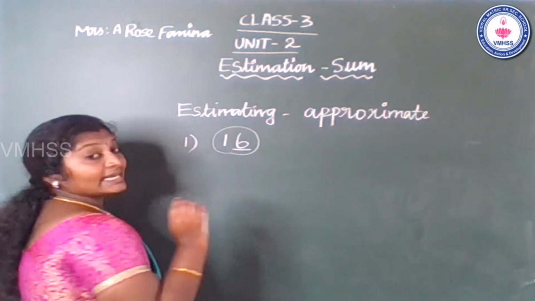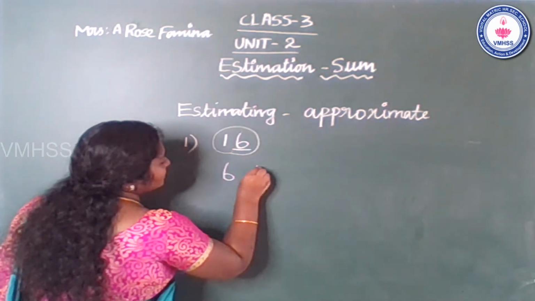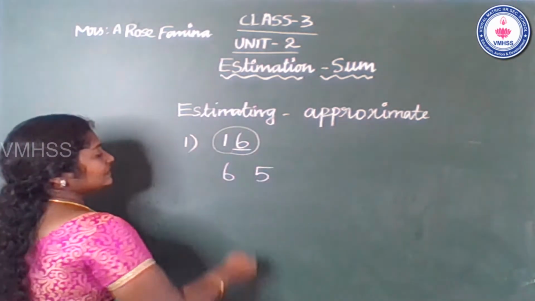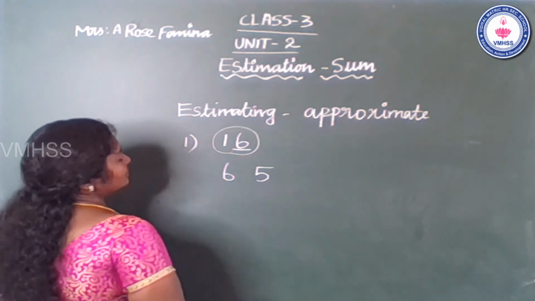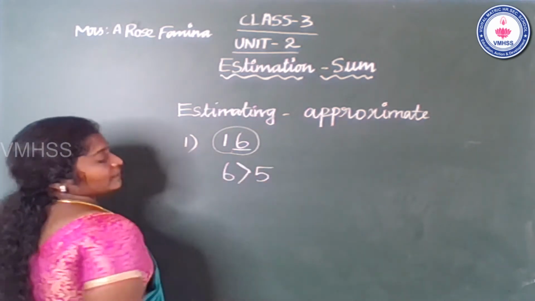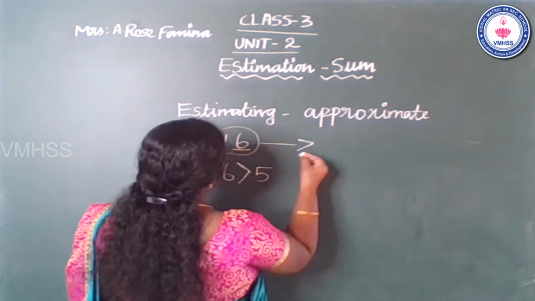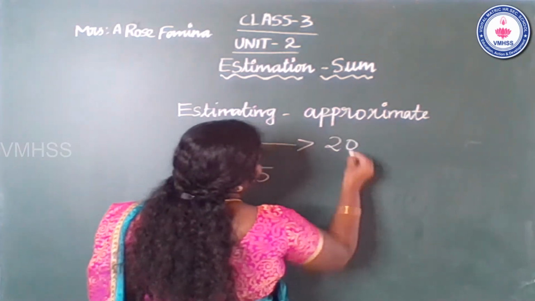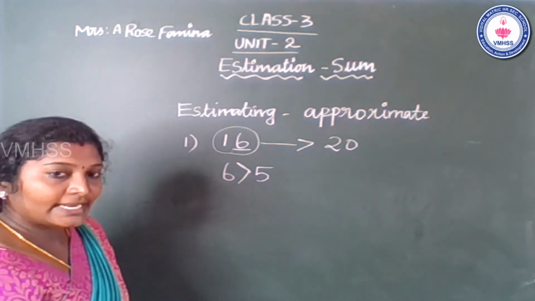Compare 6 with 5. Is it greater than 5 or less than 5? Very good, greater than 5. Am I right? So the rounded value is 20.